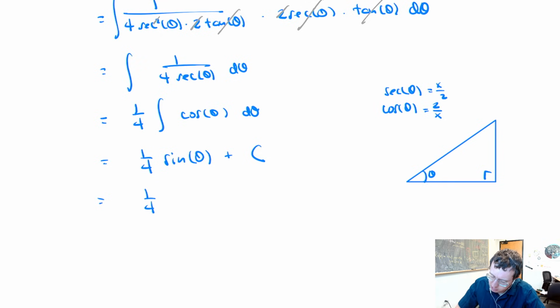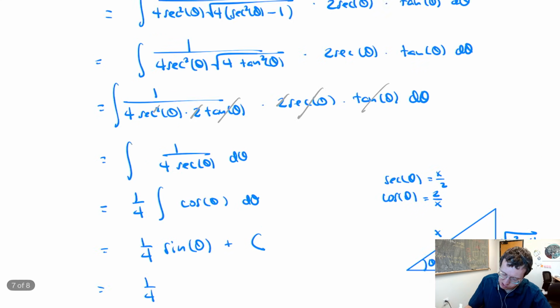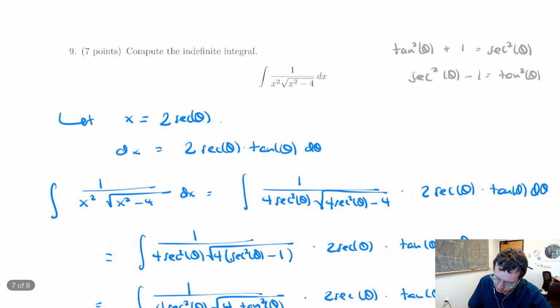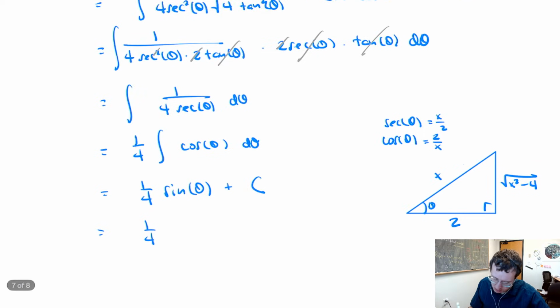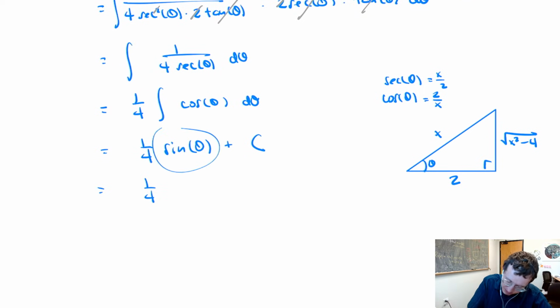If I want to draw a triangle that has such an angle theta, the cosine is the adjacent over hypotenuse, so 2 over x would be the cosine of this angle. By the Pythagorean theorem, the other side is the square root of x squared minus 4, which of course it is. It's not a coincidence that that's the same quantity that's in the original integral. And then I need to know what sine of theta is.